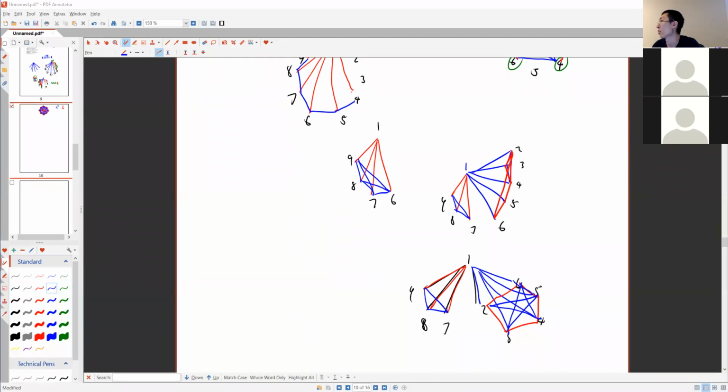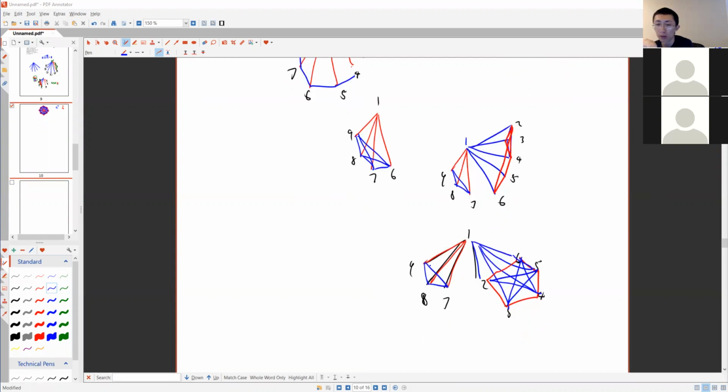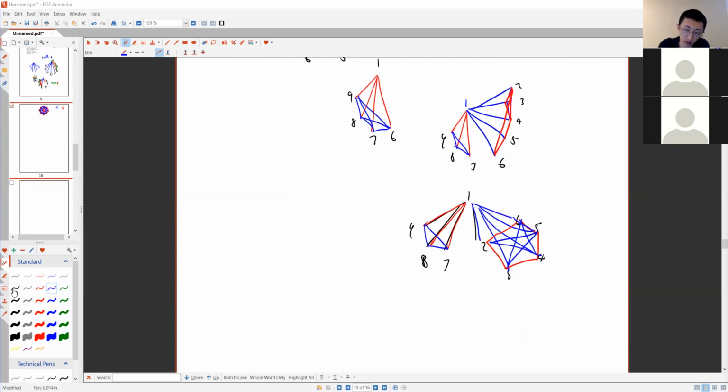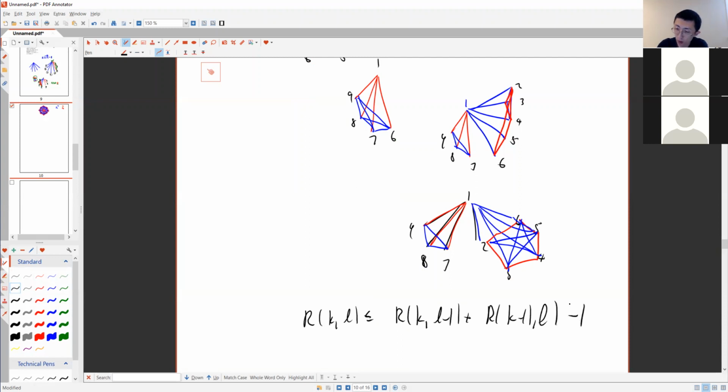Let me just check something. So apparently there's an inequality which is R(k, l) is less than or equal to R(k, l-1) plus R(k-1, l).